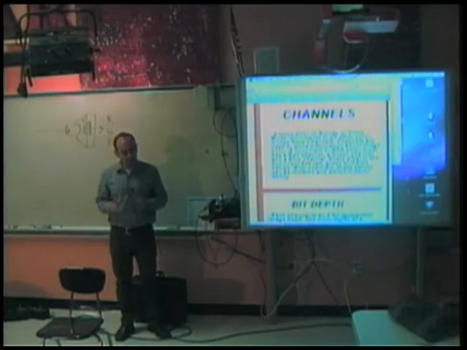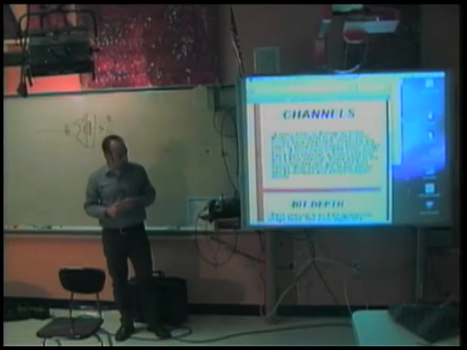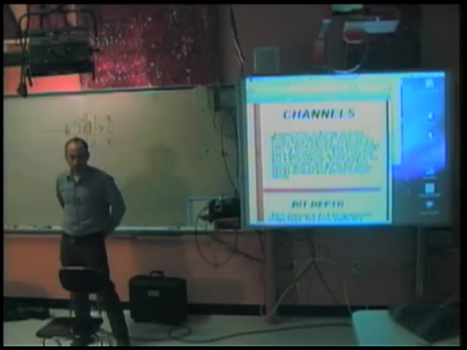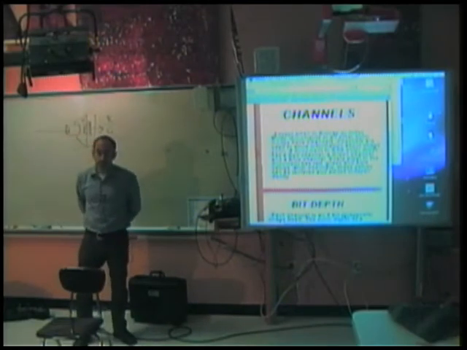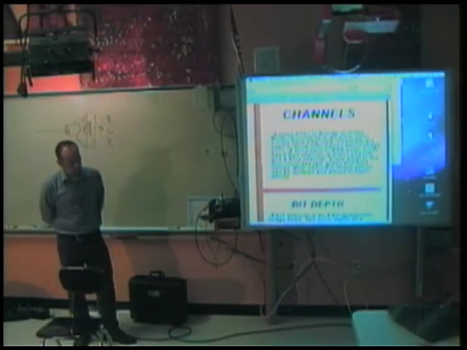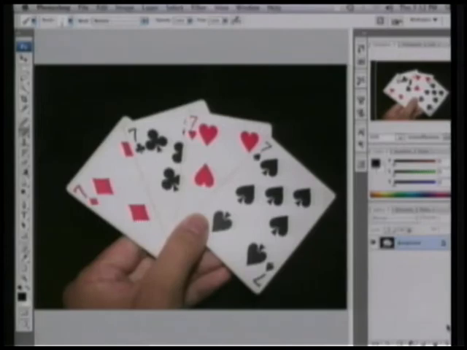The important thing to learn here is that an RGB image originated in your camera is made up of values of different colors, which are red, green, and blue, and they overlap each other to create an image. We'll take a look at that in a second in Photoshop, and it'll become easier to understand. So here we are back in Photoshop.